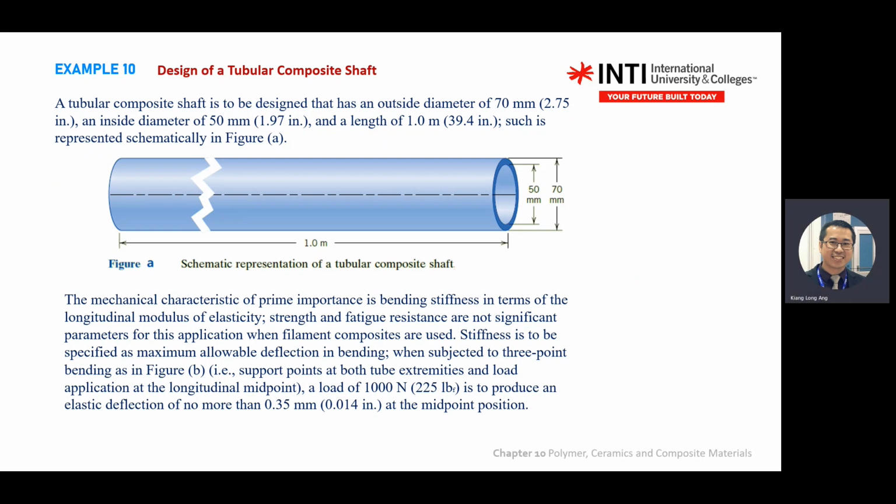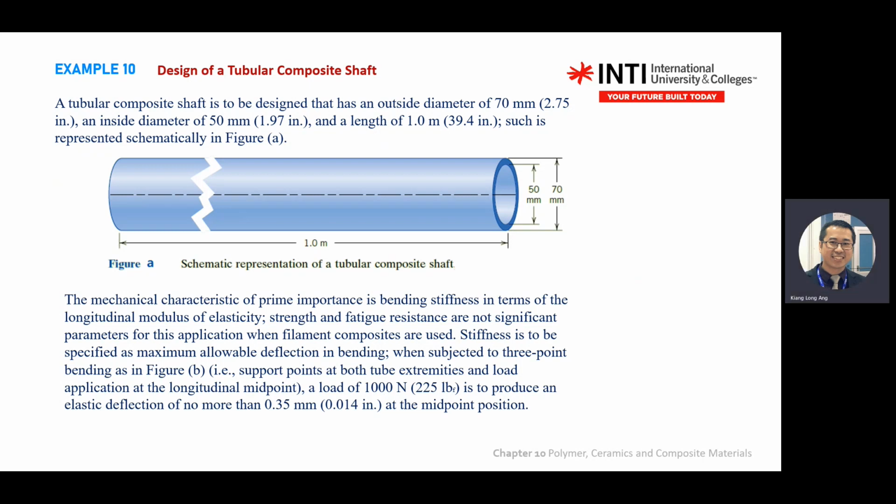So this one is linked with the statics. So bending stiffness in terms of longitudinal modulus, blah, blah, blah. Stiffness is to specify the maximum allowable deflection in bending, subject to 3-point bending. There's one more figure. So support points, a load of 1000 Newton is to produce a deflection not more than 0.35 at the midpoint position. Okay.